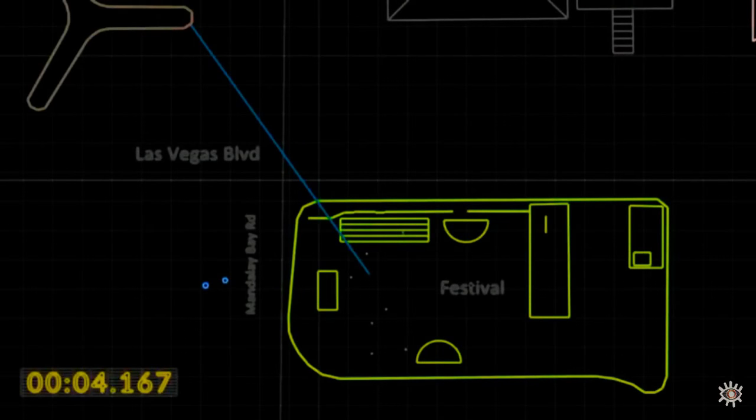Here's the 3D animation synchronized to the first shot's video, played back in real time.